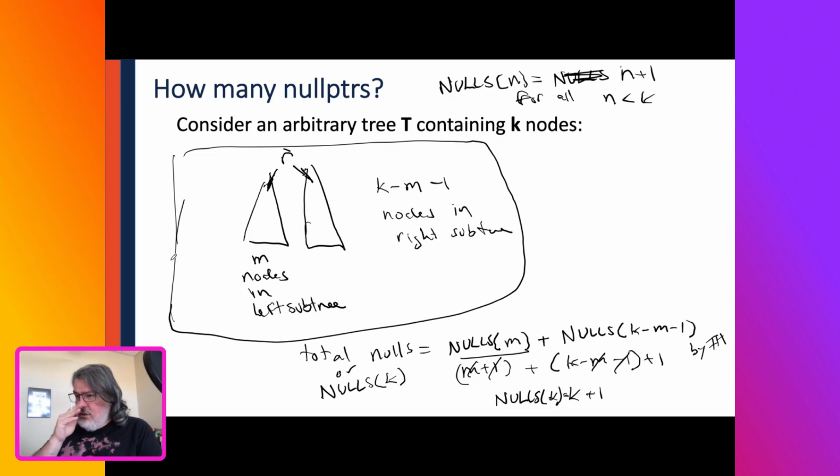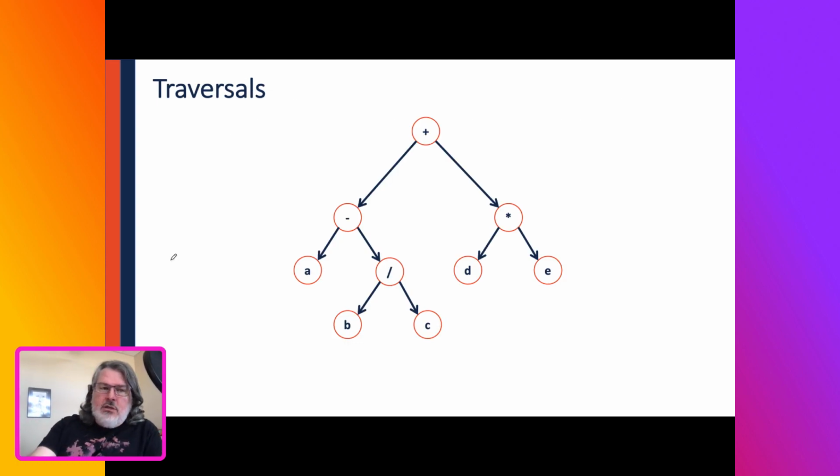Okay. So, with that out of the way, I want to start talking about how we traverse. One of the things I described in the ADT for a tree was a traversal. And a traversal of a list is really straightforward, right?